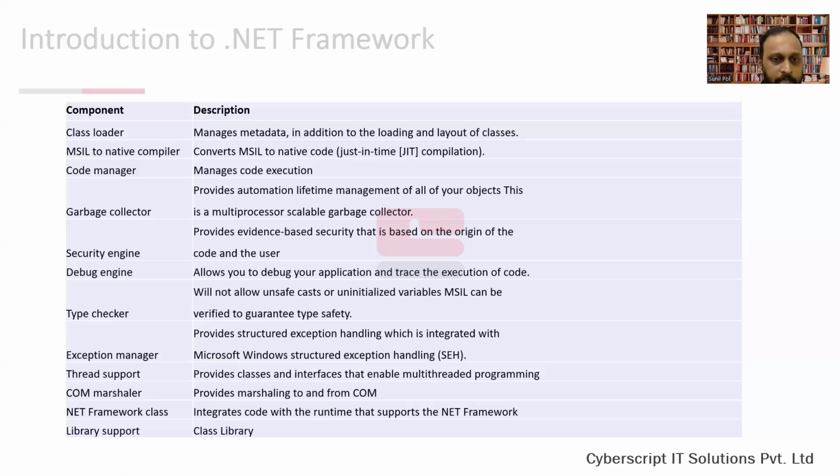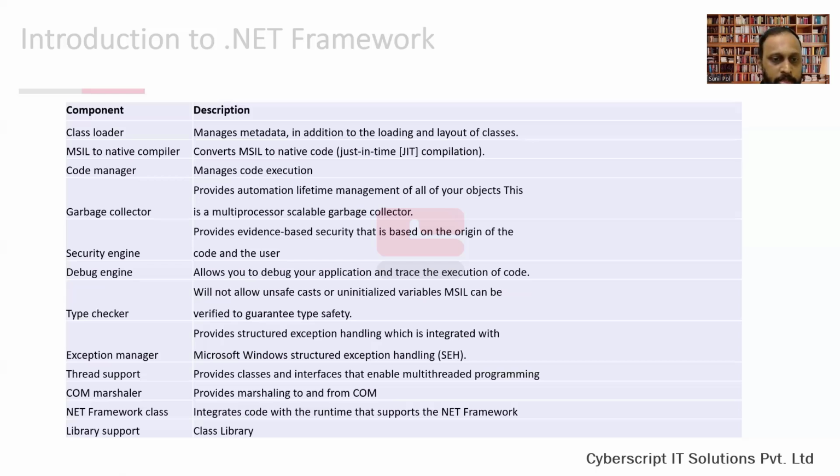The next is the type checker. The type checker will not allow unsafe casts or uninitialized variables. MSIL can be verified to guarantee type safety. The next is the exception manager. As we are aware, there are compile time exceptions and runtime exceptions, which can also be handled by the CLR. It provides structured exception handling, which is integrated with Microsoft Windows Structured Exception Handling, also called SEH.